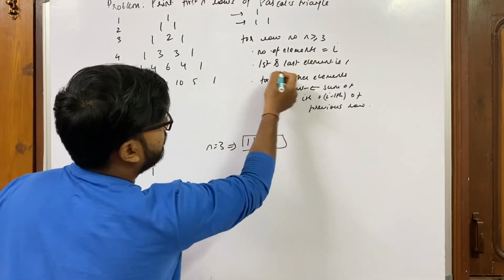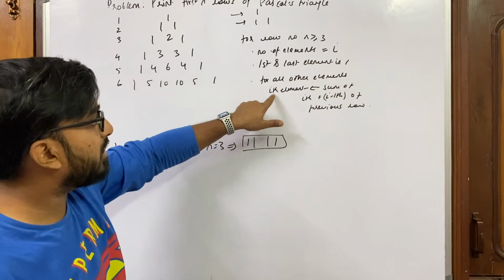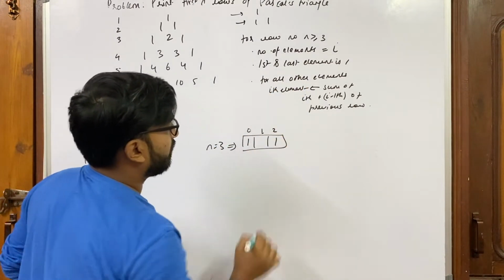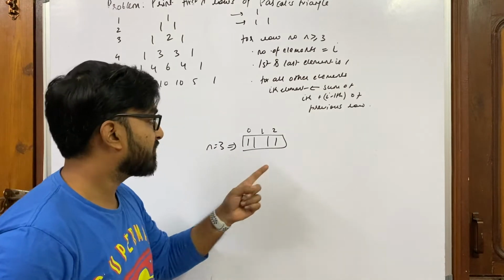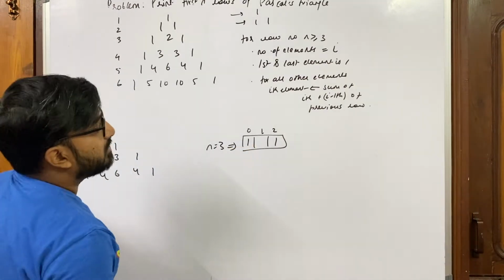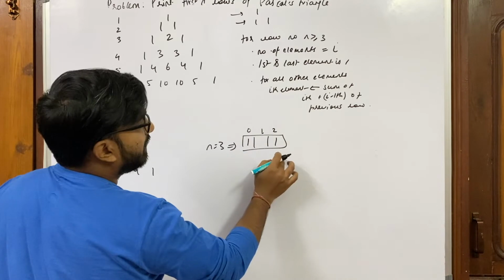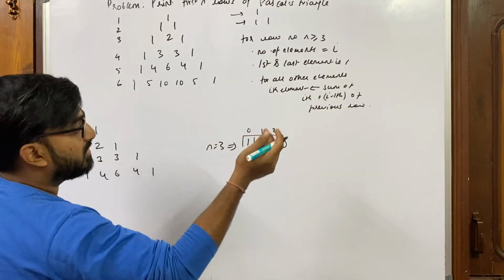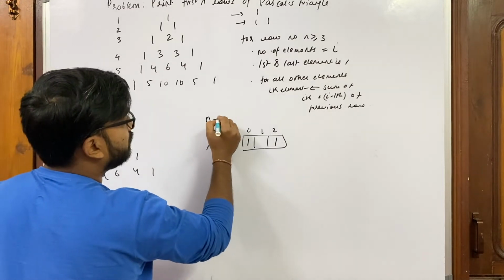First and last, I set to 1. Then the ith element apart from first and last, which is basically index 1, if I consider this row as an array. So ith element apart from first and last is the sum of the ith and i minus 1th elements of the previous row. For n equal to 3, n equal to 2 will be the previous row.